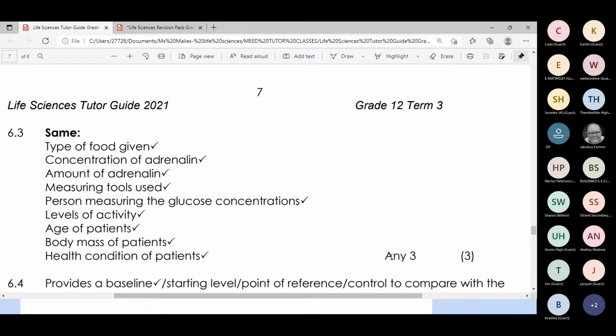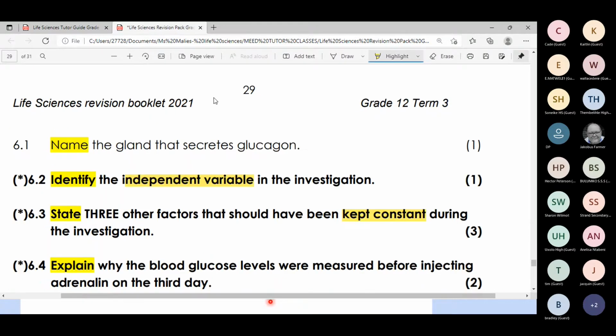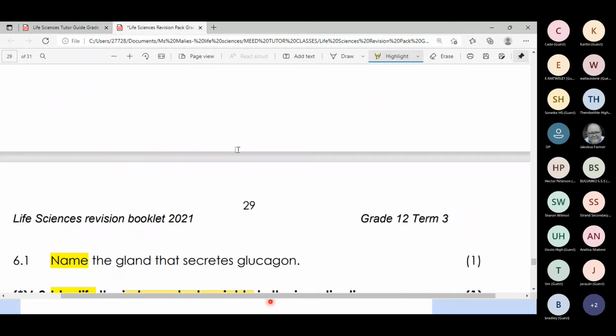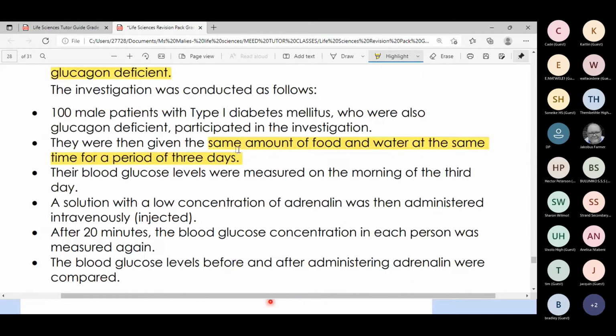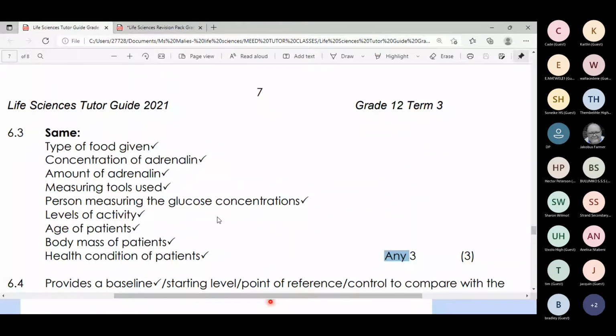And any three of those. So if I go back to my question, grade 12s, same amount of food and water, same time, it's there, it's given to you. Then 6.4.